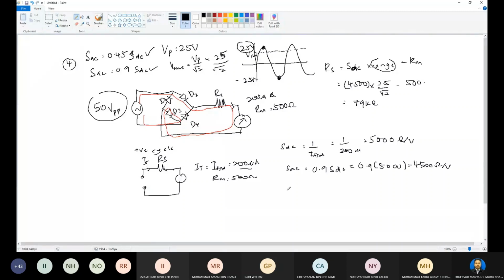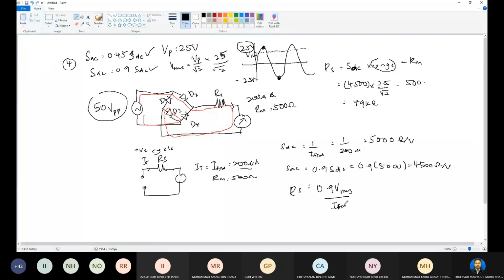For example, using another formula to calculate the RS: RS equals 0.9 multiplied by VRMS divided by full scale deflection, minus RM.